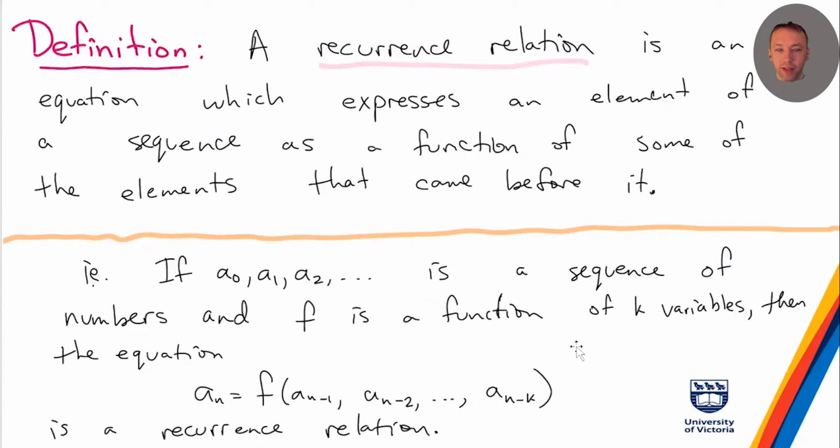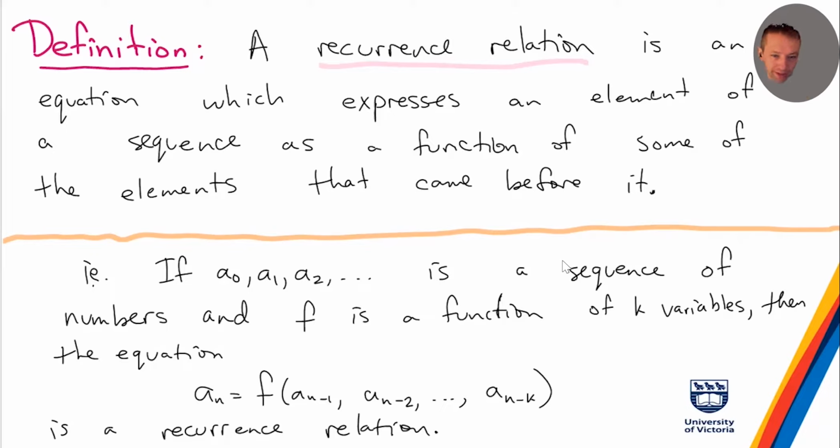So a recurrence relation is just an equation. So you have a sequence. Imagine I have a sequence A0, A1, A2 up to infinity. A recurrence relation is an equation which expresses, let's say, the nth element of the sequence as a function of some of the elements that came before it.